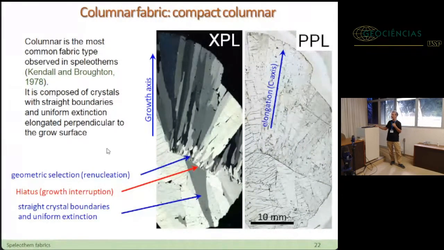So some of the crystals go through the discontinuity, but some just renucleate. So these tiny crystals are not a different fabric, they are just the initial phases of the columnar fabric. And then, because of the geometric selection, only the ones oriented perpendicular to the growth surface will survive.